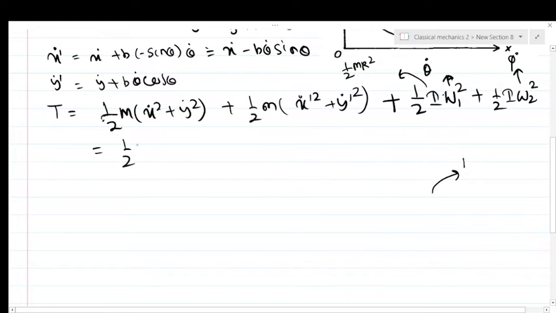So see the thing, x dot square plus y dot square plus half small m.